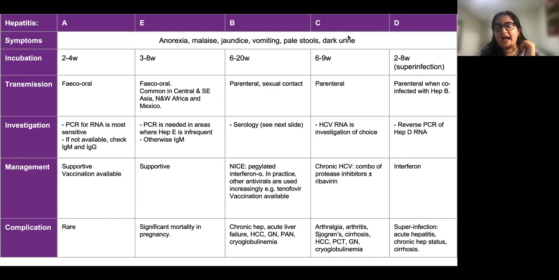And then hepatitis C, you can pass it on from mother to child, and it is the one where I think C stands for cirrhosis, C stands for chronic. I think it's the worst one, and it has many complications.